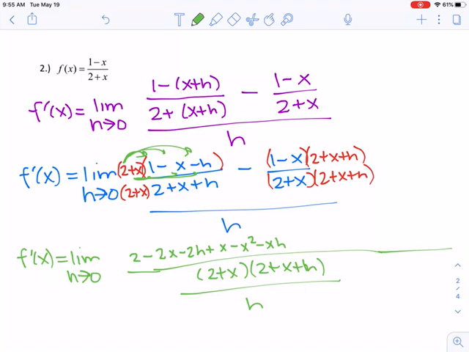Then I've got a negative out in front, and I want to do the same thing for my second fraction. I want to distribute the 1 and distribute the negative x. So I'm going to have a 2 plus x plus h, and then a minus 2x minus x squared minus xh.